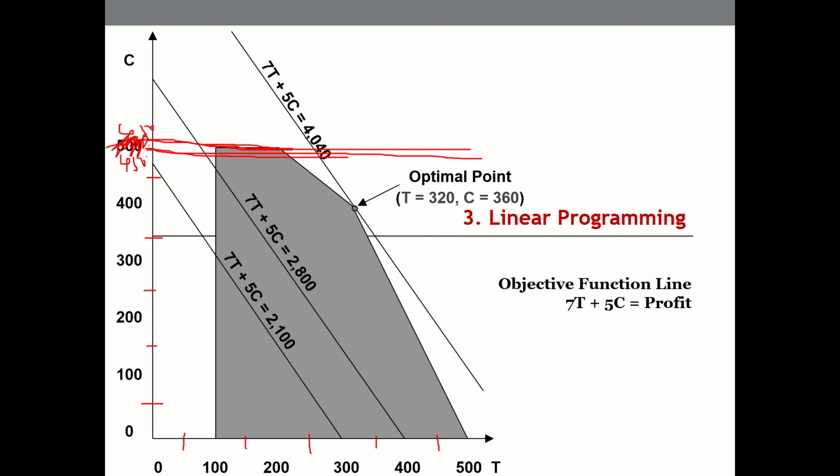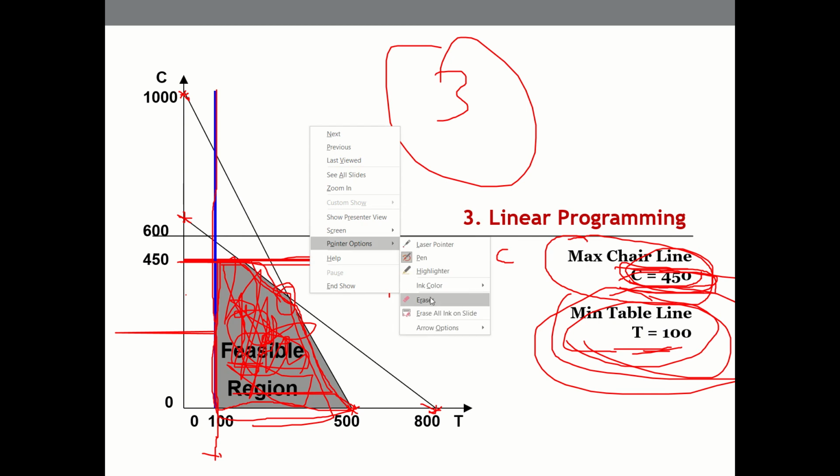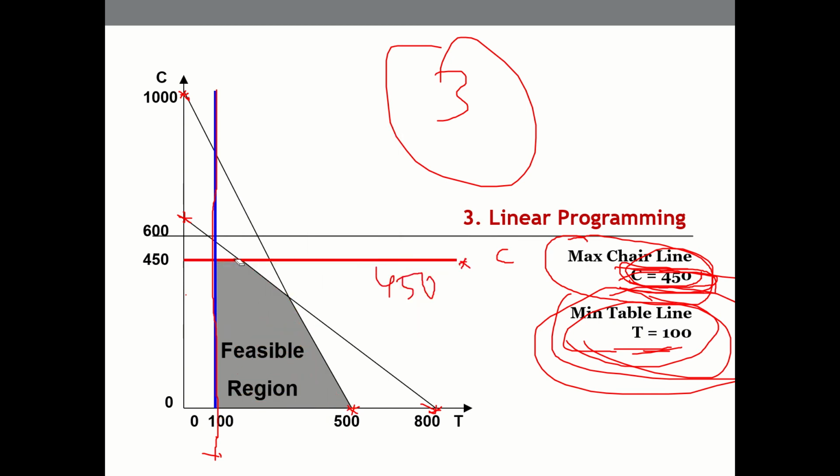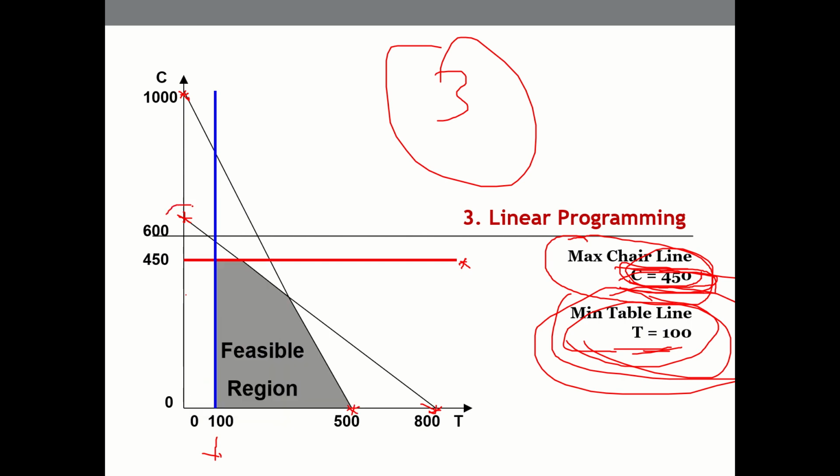Now, even using the diagram, we need to only draw wherever the extreme points, wherever the edge is. How did we get this edge? You can understand from this diagram as well. When we superimpose this line, the carpentry line of 600, the carpentry line for table 800, we got this line, right?